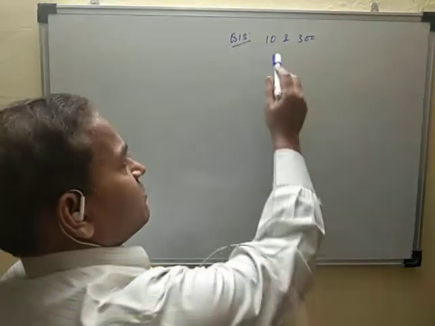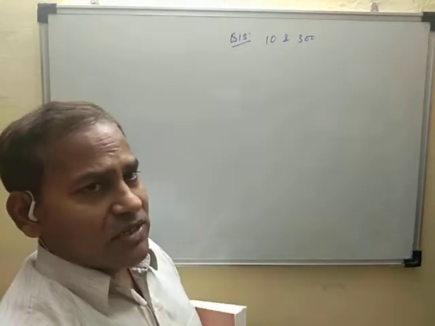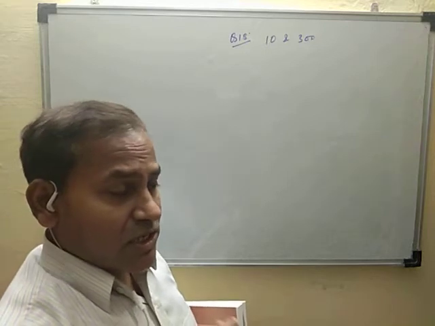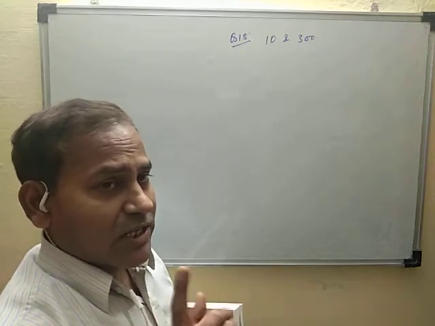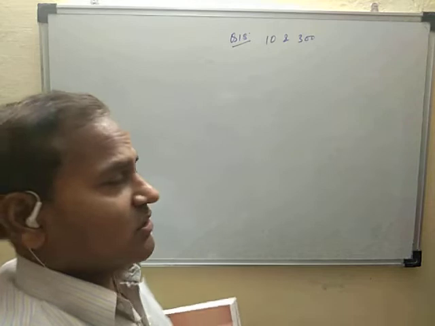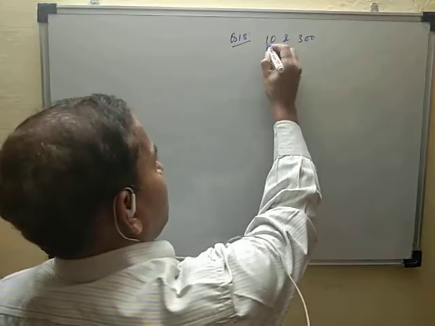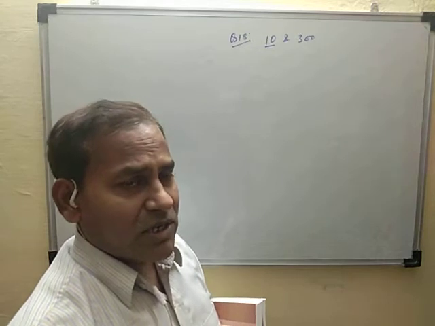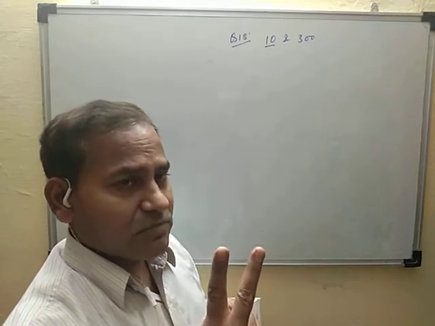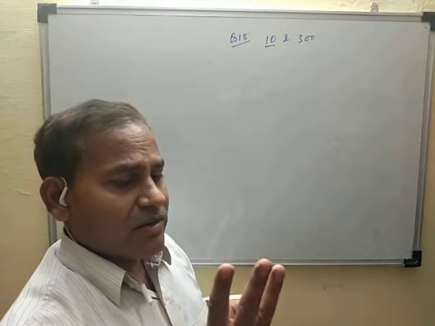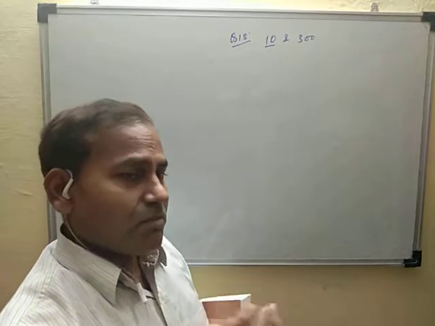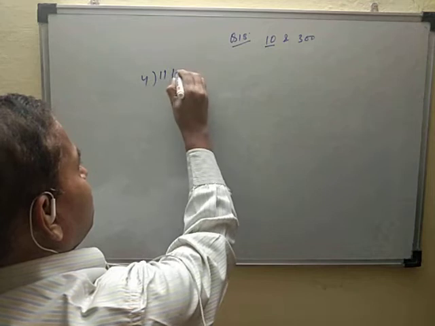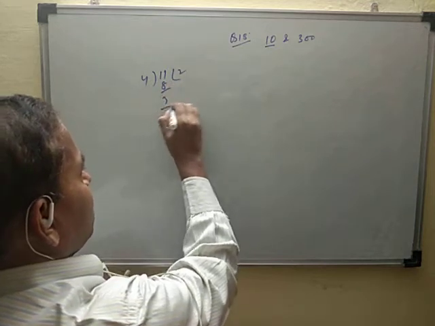Numbers from 10 to 300 are 2-digit or 3-digit numbers, and the question is, when divided by 4, they give remainder 3. So first check, when 10 is divided by 4, what is the remainder? 2 is the remainder. When we divide 11 by 4, 4 twos are 8, remainder is 3.